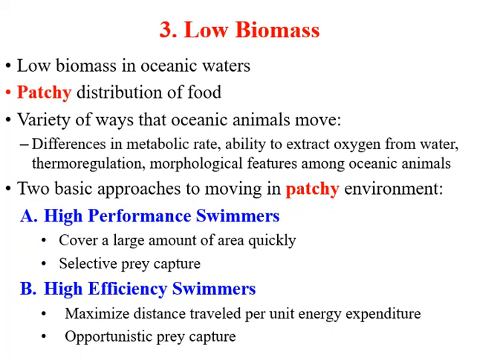You have access to this food in a short period of time, so you can be a high performance swimmer. You can cover a lot of area, and when you find prey, you can be very good at capturing that prey. Or you can be more like a blimp that could fly all the way across the country with just a little bit of gas or fuel compared to a jet plane.